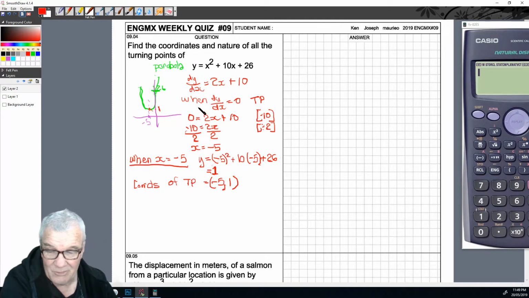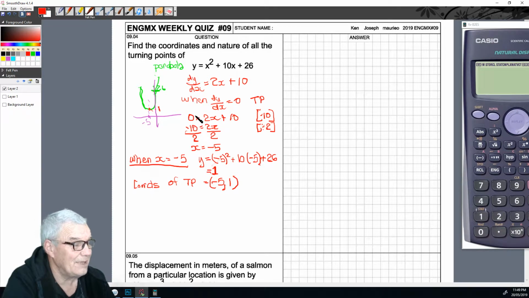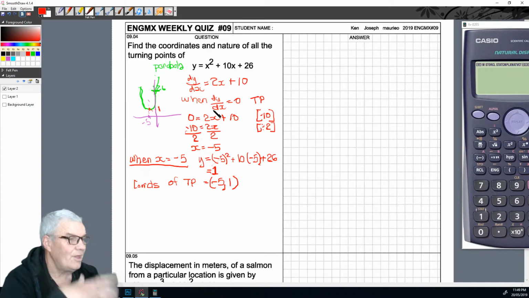Is it a maximum or a minimum? Well, because we did parabolas, we know that it must be a minimum, but we've got to prove it.